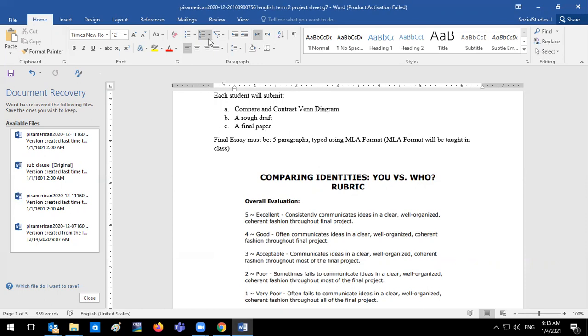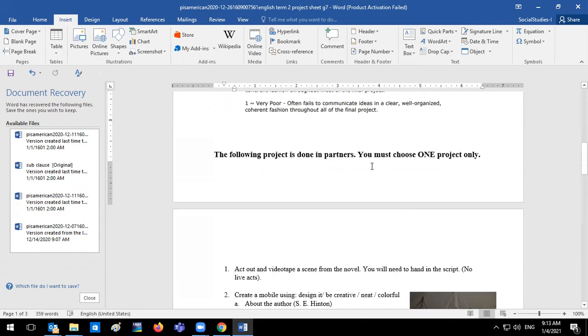The second paragraph, you're going to discuss a similarity or a difference, and then third paragraph, similarity or a difference. Fourth paragraph, similarity and a difference, and then finally, in your final paragraph, you're going to give a conclusion. That is your first one.